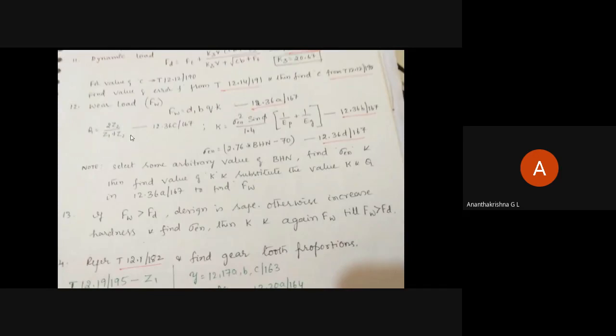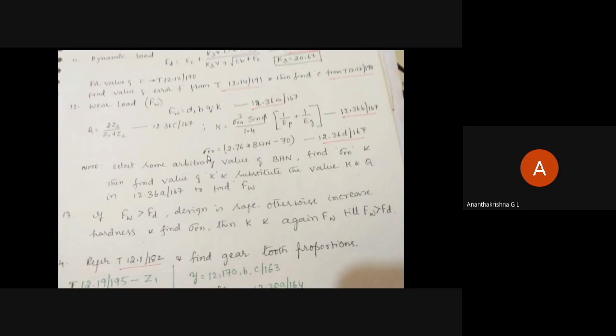After that, we need to go for wear load, essentially given by D1 B Q into K. Q is 2 Z2 by Z1 plus Z2. K is sigma endurance square sine pressure angle divided by 1.4 of 1 by EP plus 1 by EG. You can take E as 2 into 10 power 5 for both pinion and gear. Endurance strength is given by 2.76 into BHN minus 70. So initially assume a BHN of say 200 or 250 or 300.